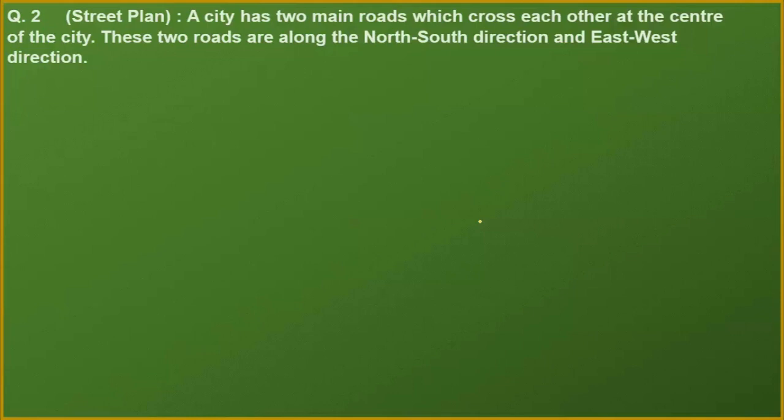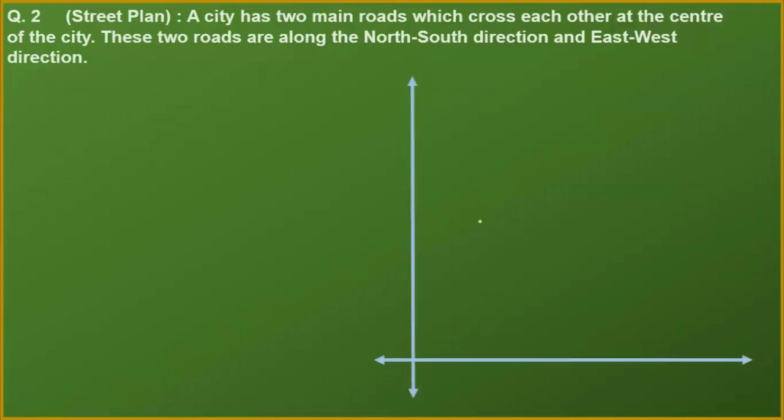They are saying a city has two main roads which cross each other at the center of the city. These two roads are along the north-south direction and the east-west direction. It means if the road is going in the north-south direction, it would be vertical, and in the east-west direction, it would be horizontal. So suppose these are the two main roads.